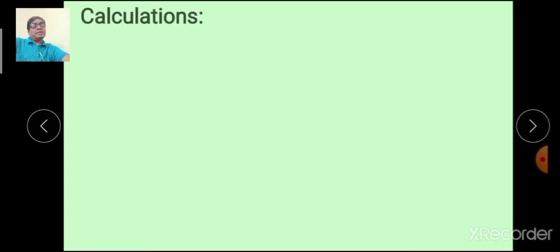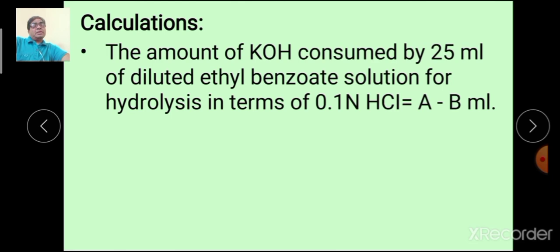Then we are going to see the calculations one by one. The amount of potassium hydroxide consumed by 25 cc of the diluted reaction mixture in terms of 0.1 normal HCl. Reaction mixture 25 ml.